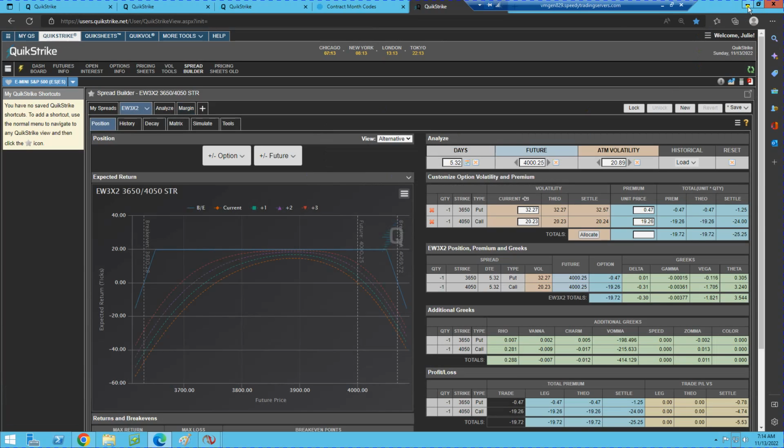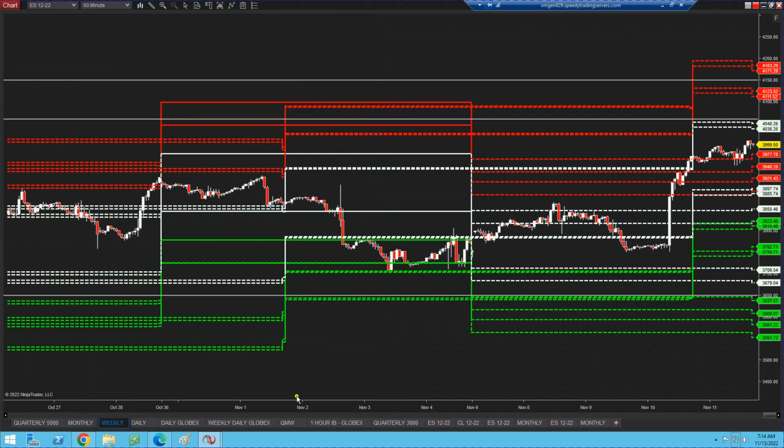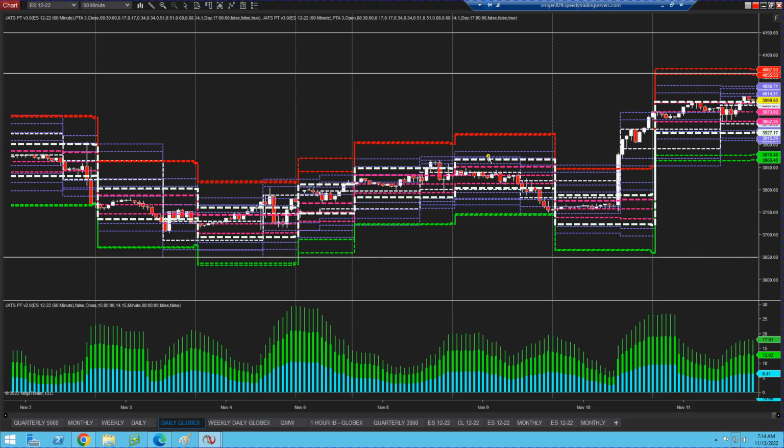We can do the Globex daily on a day by day basis. So if you just sold whatever is higher or lower of your daily 3 or your Globex 3, you can get extra premium during the day.